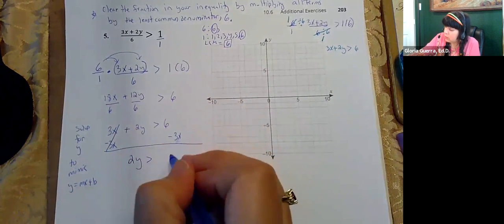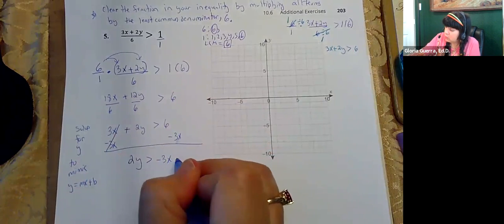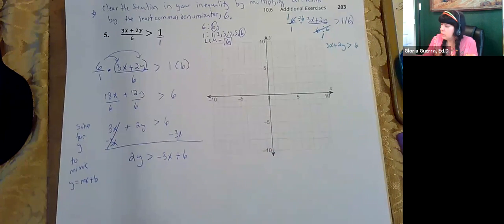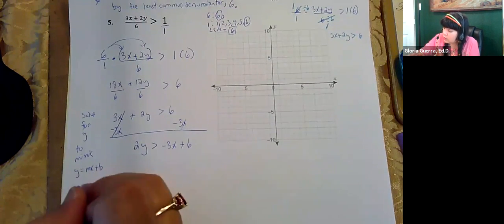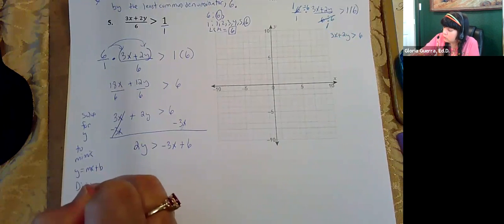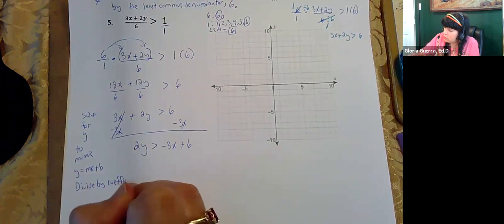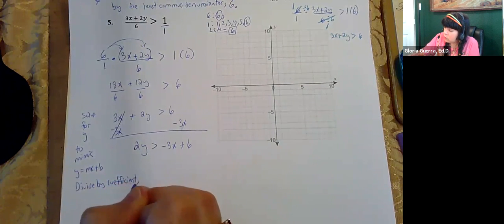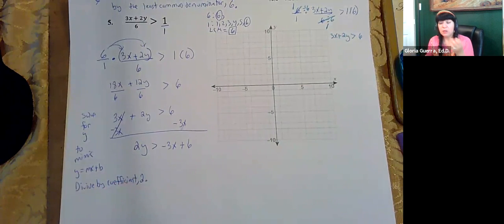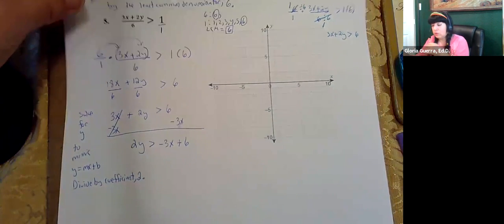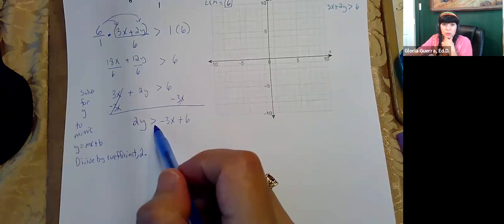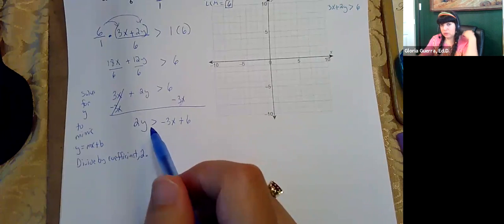So you want to put the negative 3x first, then the plus 6. Now I'm going to divide by the coefficient, which is 2. If it had been a negative 2, then I'd have to divide by negative 2 and change the direction of the inequality, but I'm just dividing by 2.